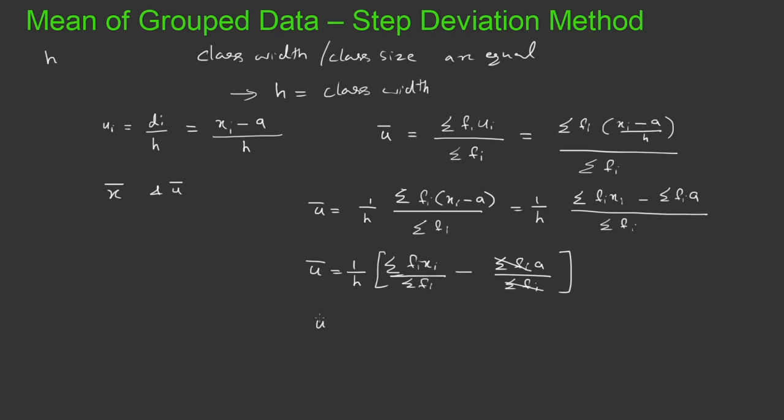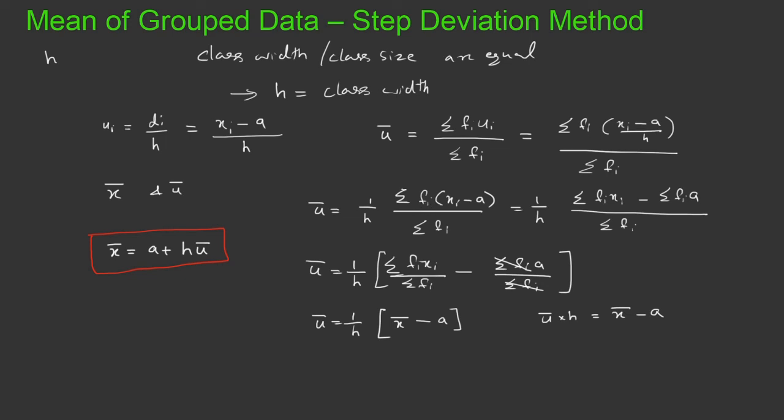Therefore, u bar is equal to 1 by h into x bar minus a. This can be rewritten as u bar into h is equal to x bar minus a. So, I can write it as x bar is equal to a plus h u bar. So, I got a relation between mean of observations x bar with u bar.